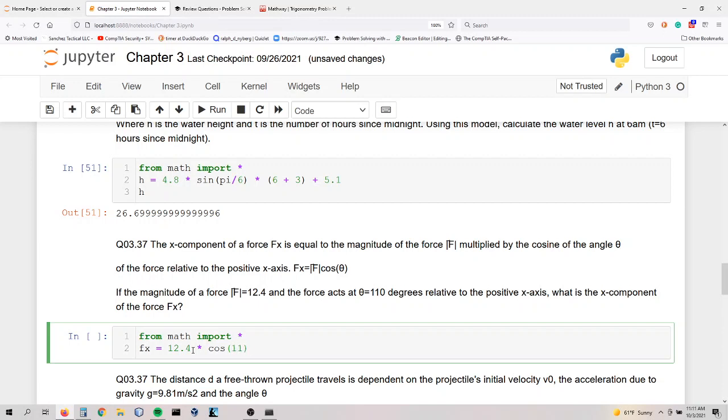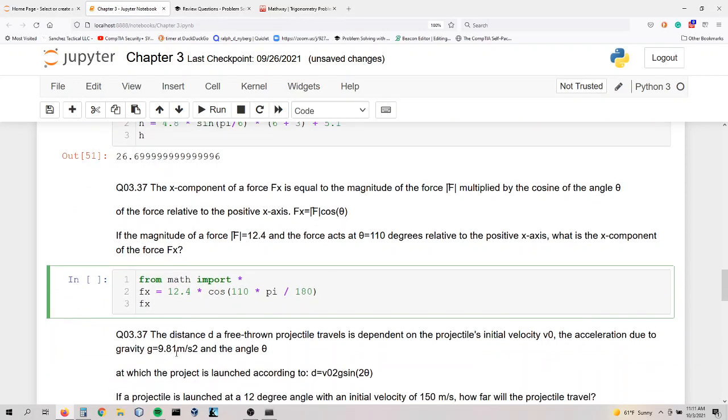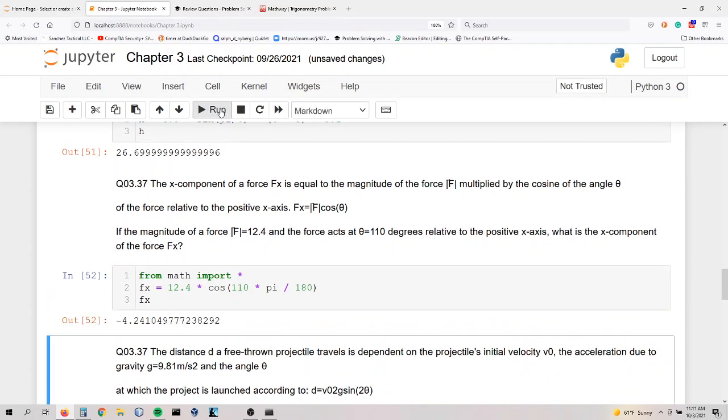It is 110 degrees, so I'm going to multiply it by pi and divide by 180 to make sure that I'm in radians, because for whatever reason I was having issues, so I trust my formula now that I've gotten it down. The x component is actually going to be negative in this case. That's pretty interesting.